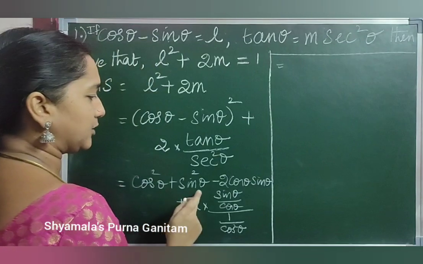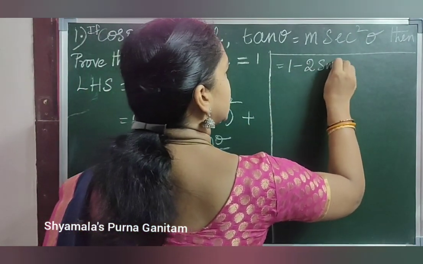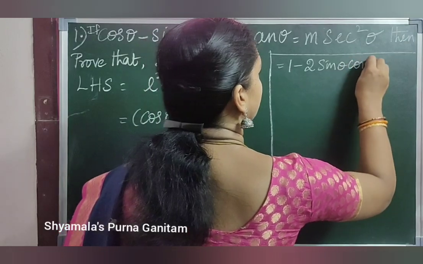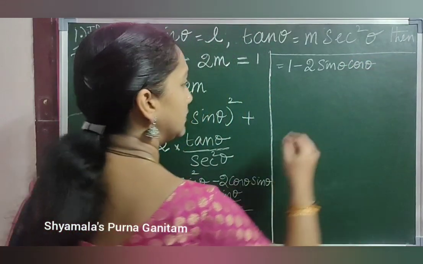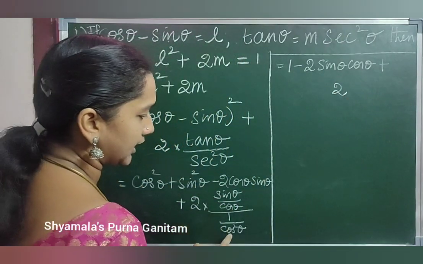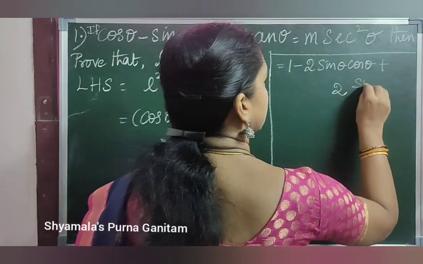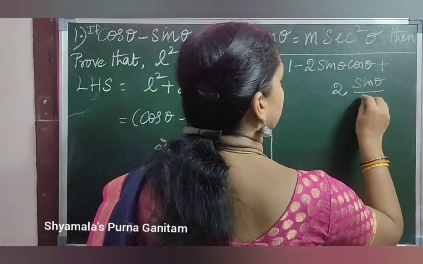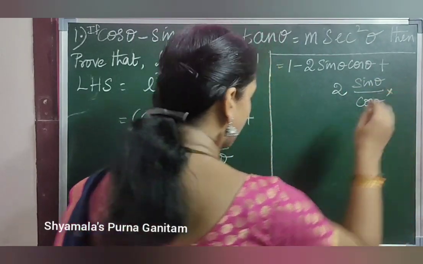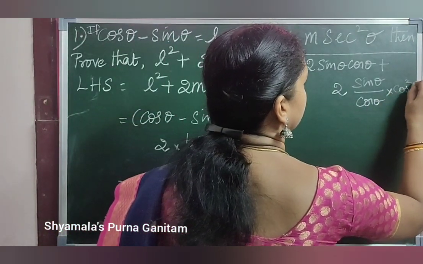So cos squared theta plus sin squared theta is 1, minus 2 sin theta cos theta, then plus 2 into this cos theta and 1 cos theta will get cancelled. That is sin theta by cos theta into this 1 by cos squared theta will become cos squared theta by 1.